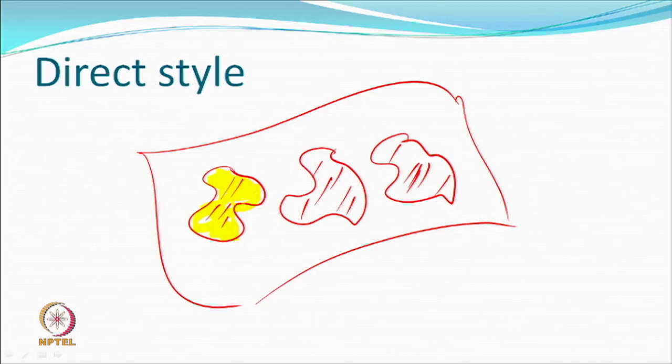Can we print with a direct style on colored fabrics? Yes? Good. So, it does not matter, it is a white fabric, grayish fabric, yellowish fabric, bluish fabric, you can just print directly if that is what the design is.